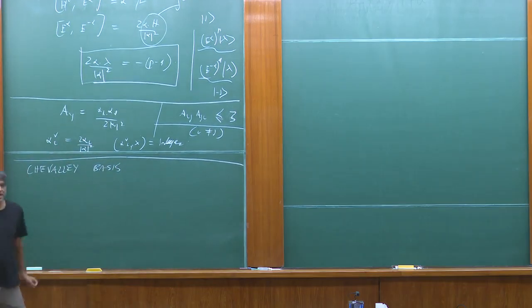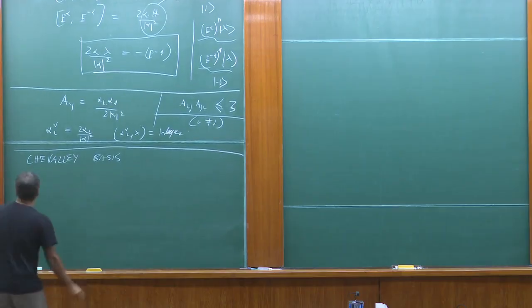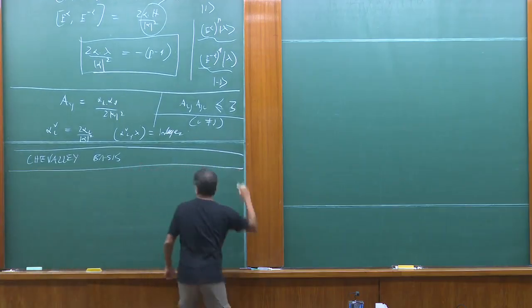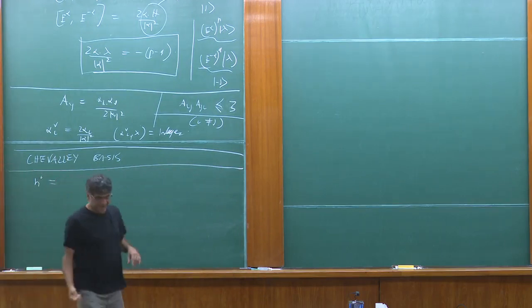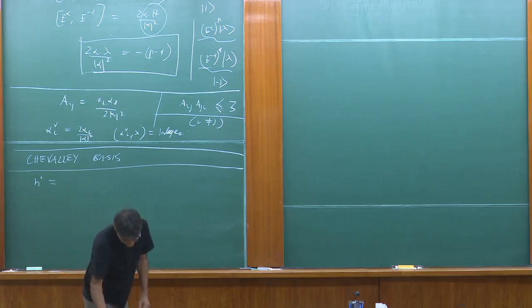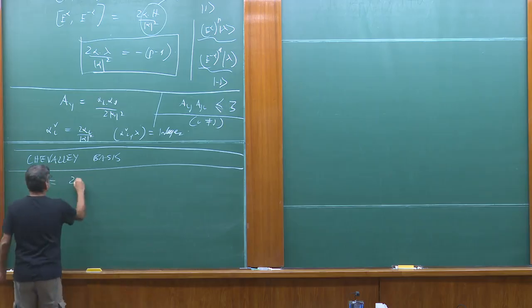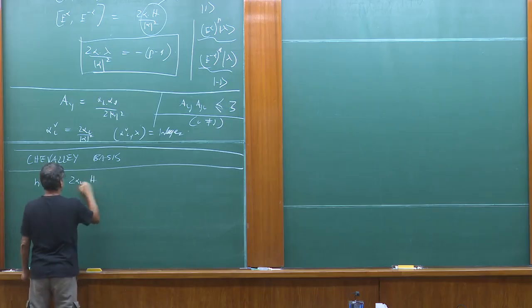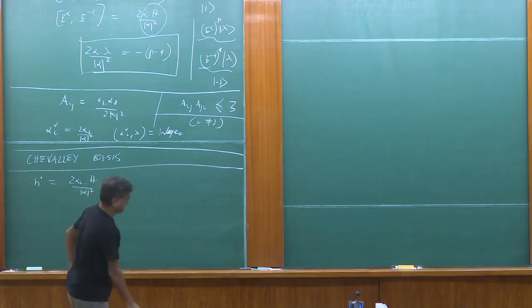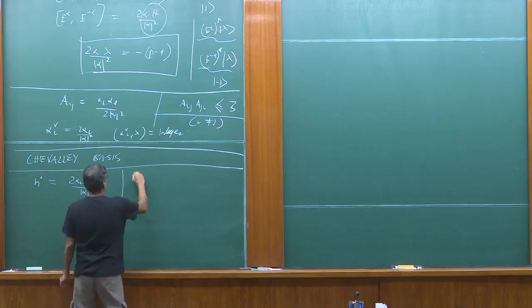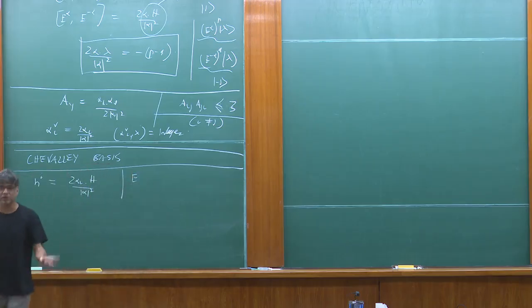So the Chevalley basis, what does it do? It defines Hi to be 2 alpha i dot H divided by mod alpha squared. Then for the E alphas, take the simple roots. Let alpha run over the set of simple roots.